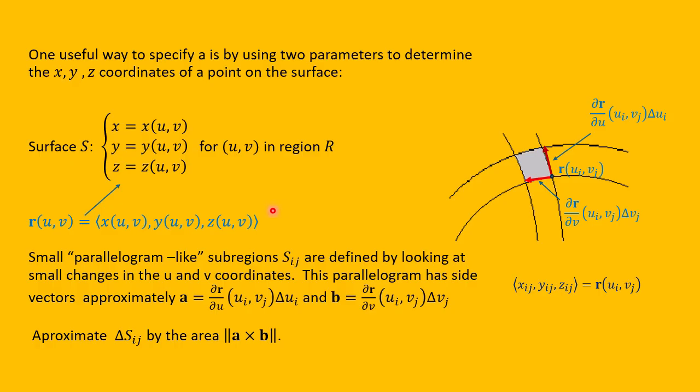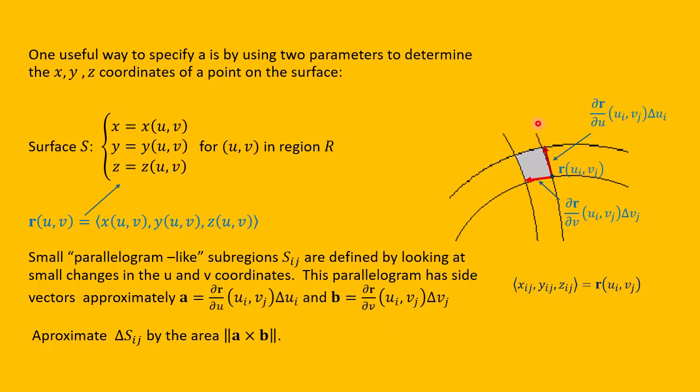And if we look at a small region R in the UV plane, then if it's small enough, it will map into a small region in that surface. Call it S sub ij. Let's let A and B be the two vectors that approximate the sides of a parallelogram by being tangent to this curve and tangent to this curve at this point right here, r of u sub i, v sub j.